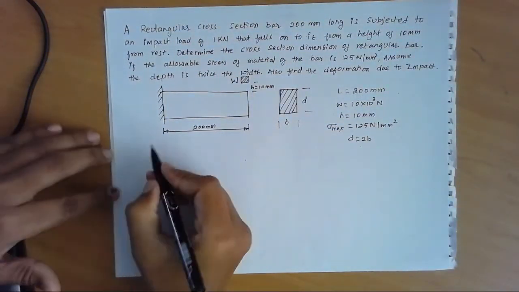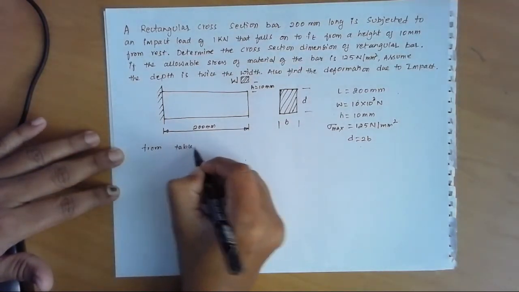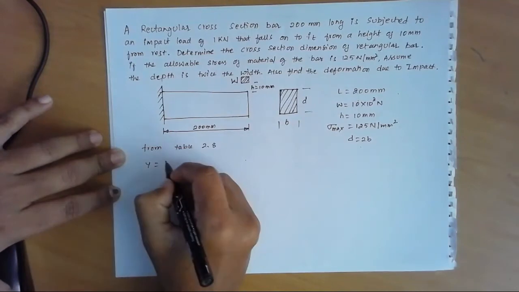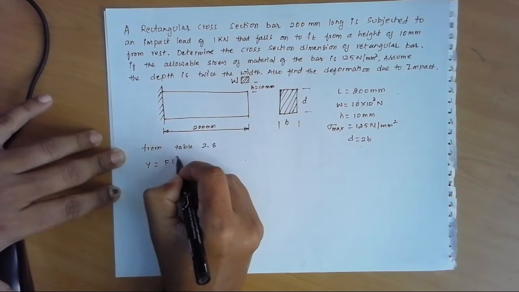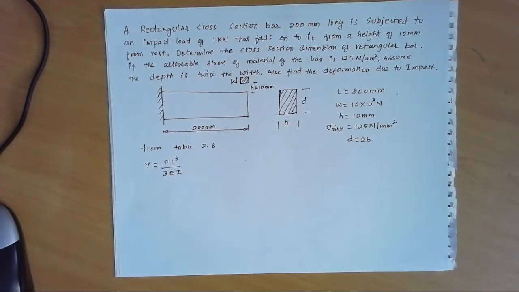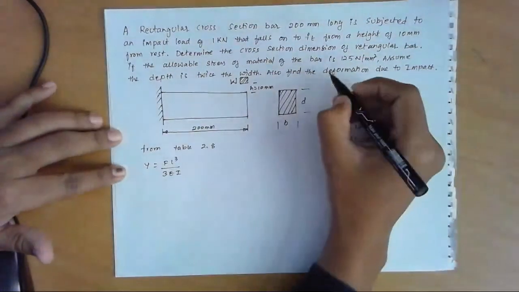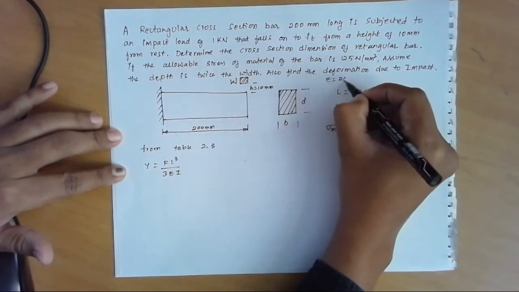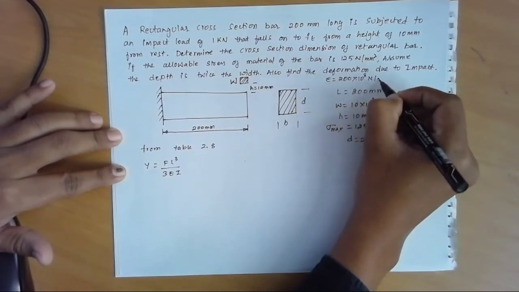So deflection, from table 2.8, is FL cube divided by 3 into E into I. In this problem Young's modulus is missing, so we can assume the Young's modulus as 200 into 10 power 3 Newton per mm square.